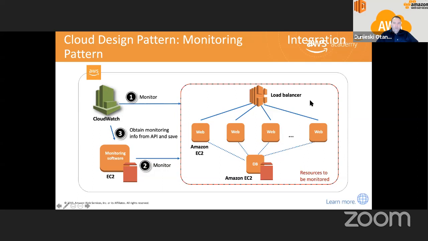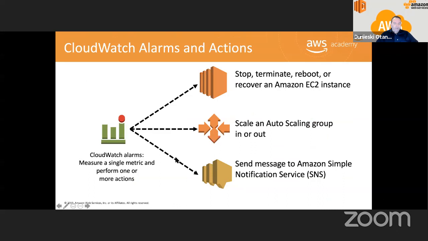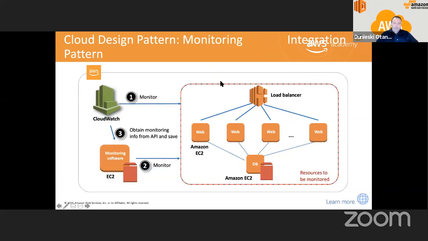It's your choice. We're obtaining monitoring info from the API and saving all these metrics. We can have monitoring software as well. So CloudWatch can monitor this directly, or another software can monitor that architecture here.